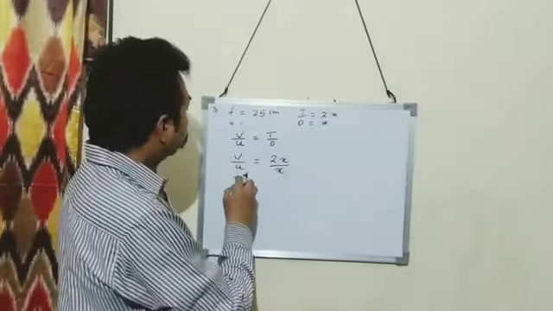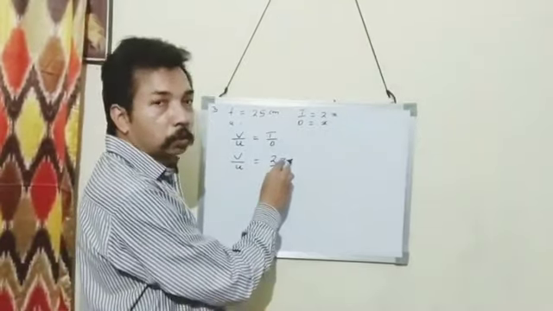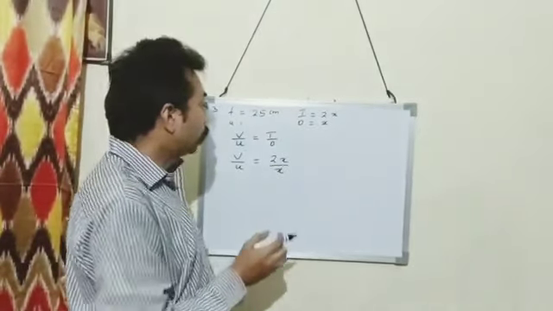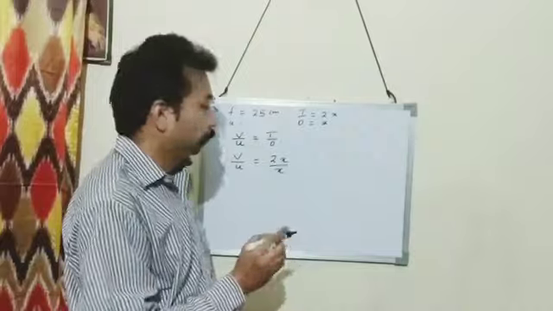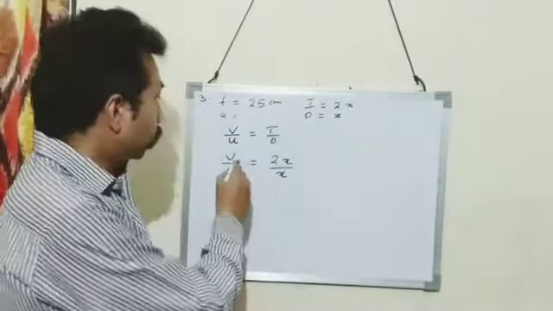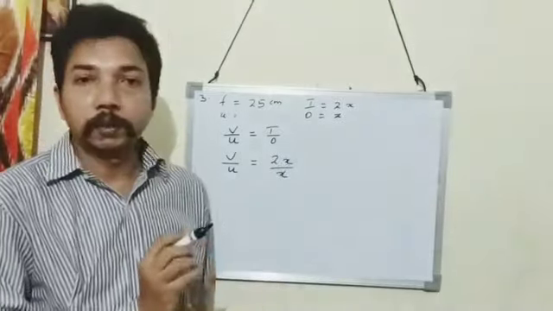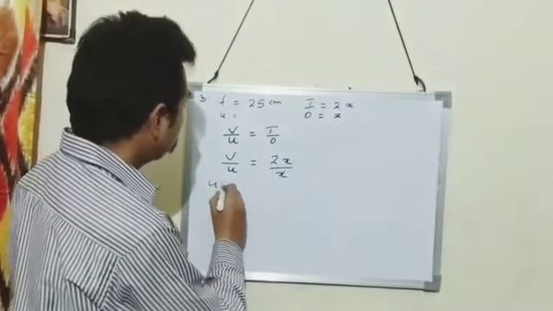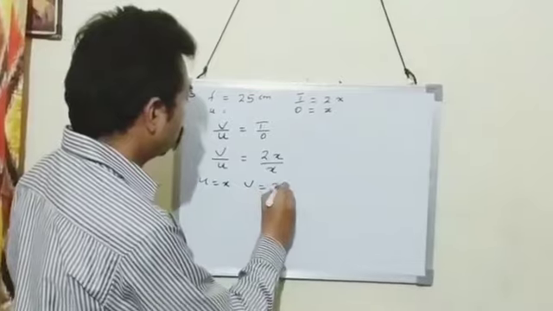So if the image distance is 2x, then object distance is x. Now we write v is equal to 2x and u is equal to x.